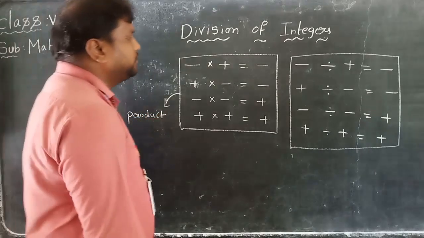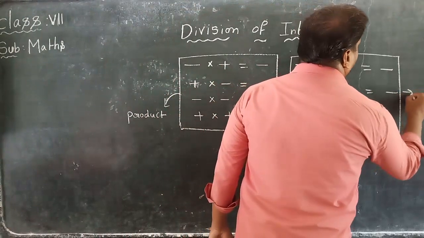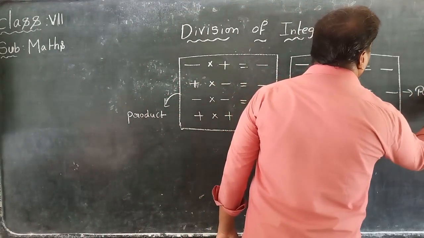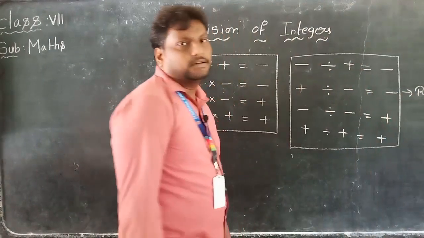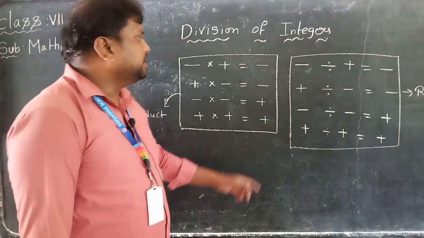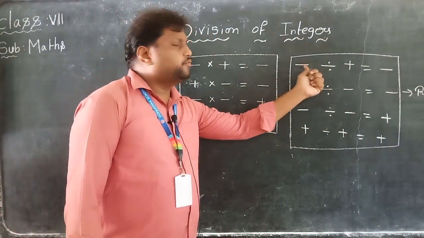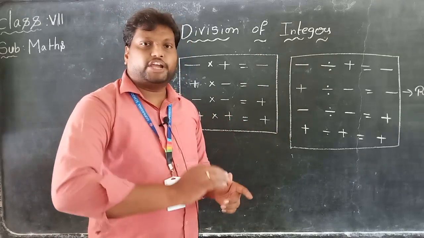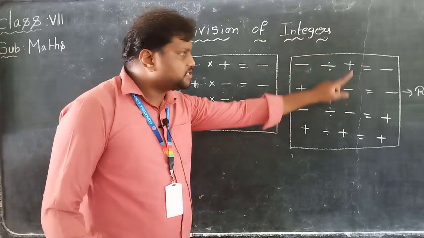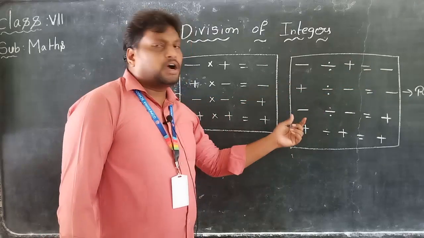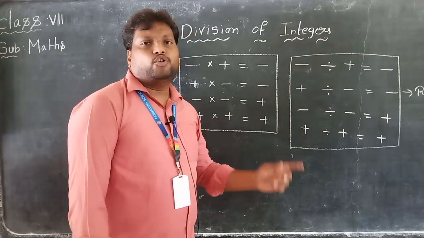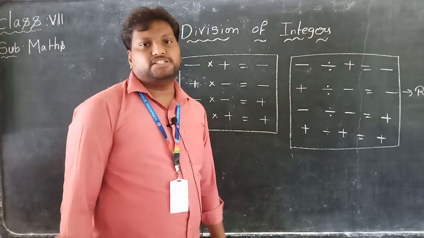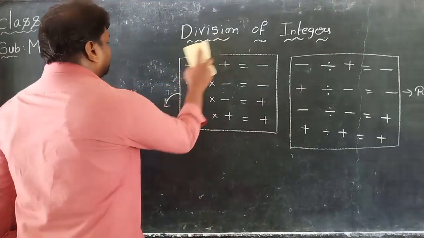This is product, this is ratio or division of integers. See, the ratio of one positive number and one negative number, or one negative number and one positive number, is always a negative number. The ratio of two negative numbers or two positive numbers is always a positive integer.